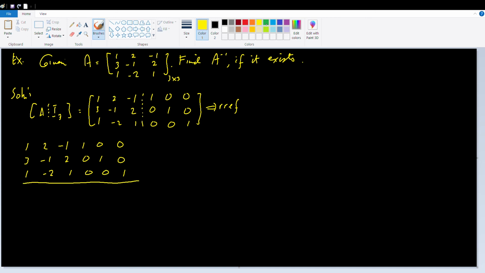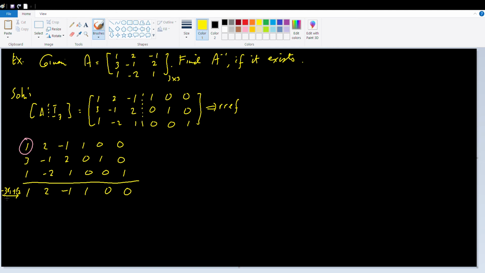Since the first element of the first row is already a 1, we simply rewrite the first row. 1, 2, negative 1, 1, 0, 0. And then we need to multiply this row, the first row, by negative 3. Negative 3 times row 1 plus row 2 to make the entry below that leading entry into a 0.